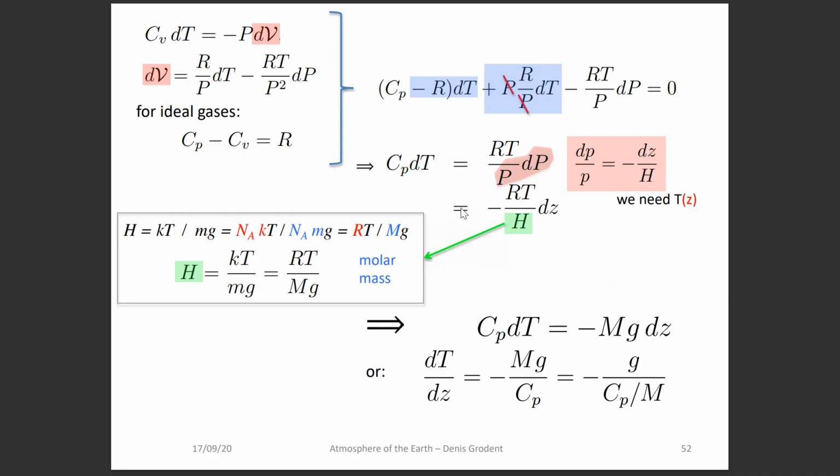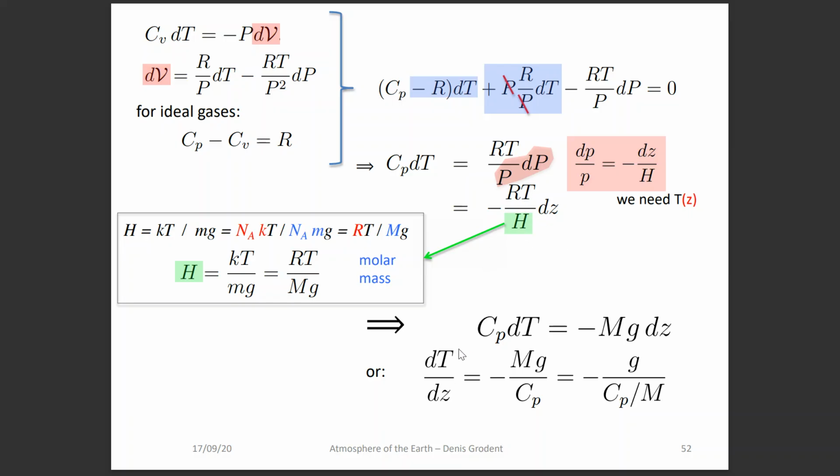Playing with some formulas, assuming an ideal gas, we link the variation of pressure, and knowing the link between the pressure and the altitude, we introduced the scale height.